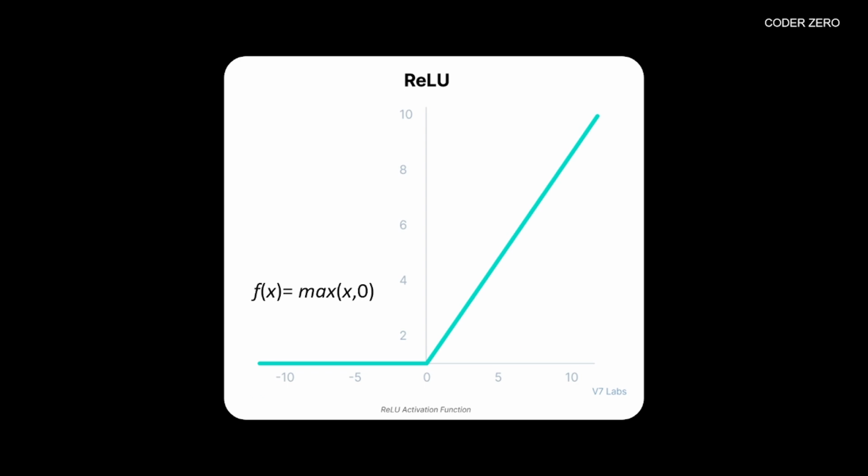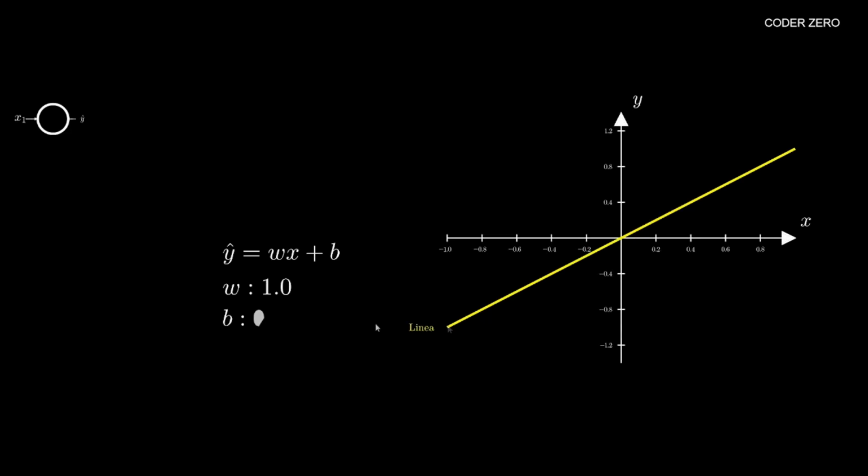Now let's check the effect of the activation function, or the effect of ReLU, on a neuron. So this is our neuron. You can see we have this equation wx plus b, and here w equals 1 and b equals 0, and this is the output from this neuron.